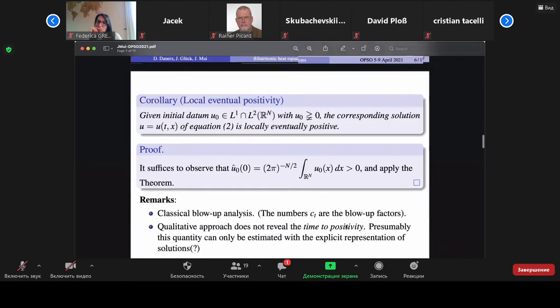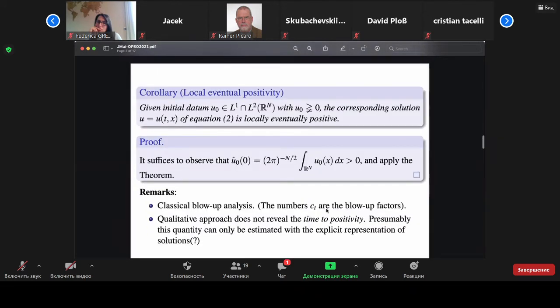And let me now state how we obtain local eventual positivity from this qualitative result. It simply suffices to observe that the fundamental mode, the Fourier transform of u0 evaluated at 0, is just, up to a constant, the mass, I guess, of the initial datum.